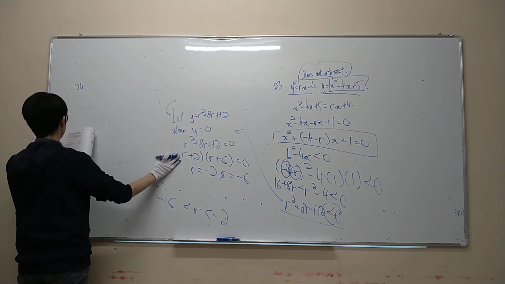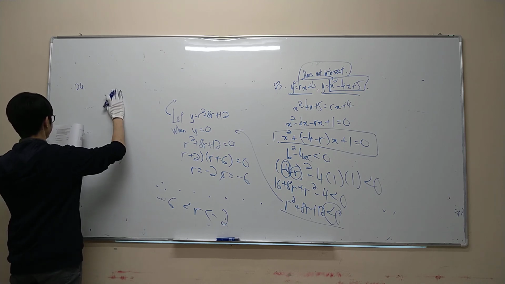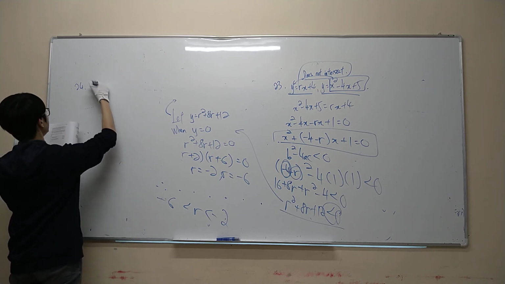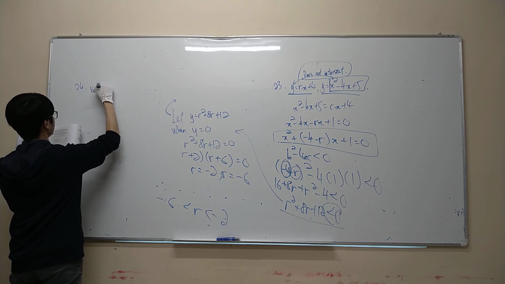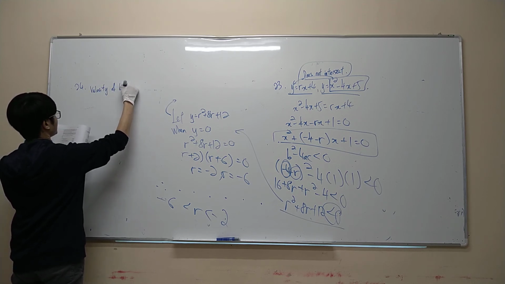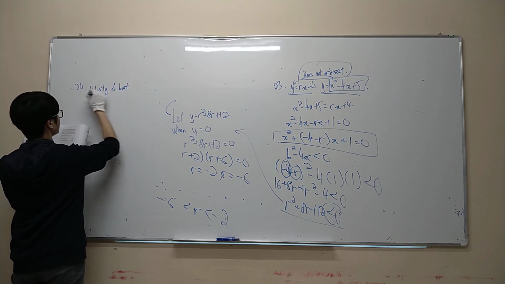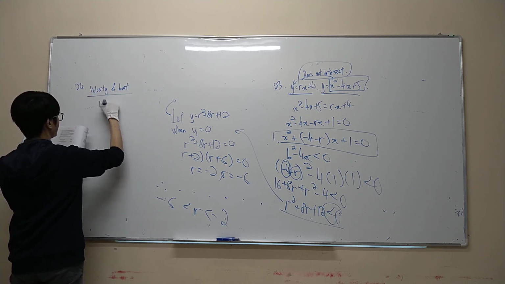This is the velocity of boat, which equals to 4i plus 10j.